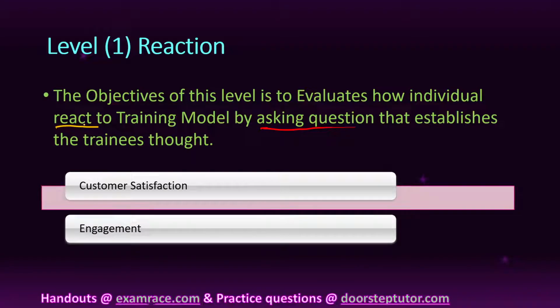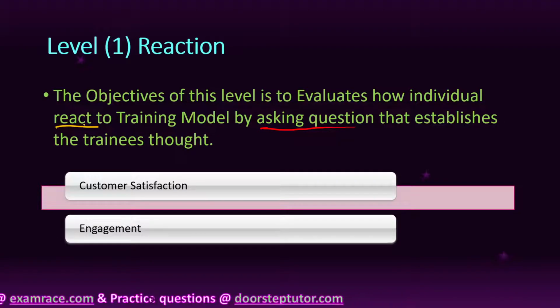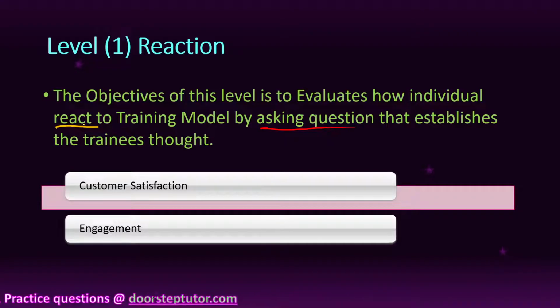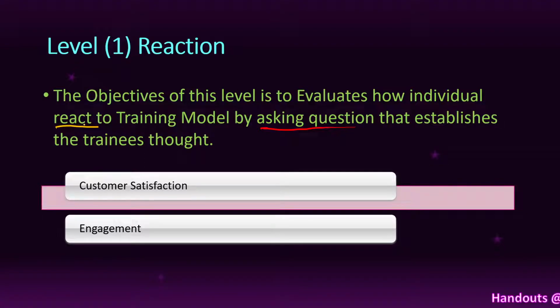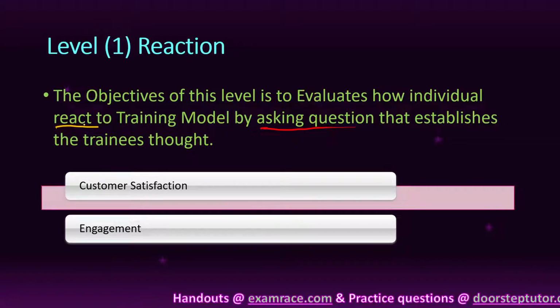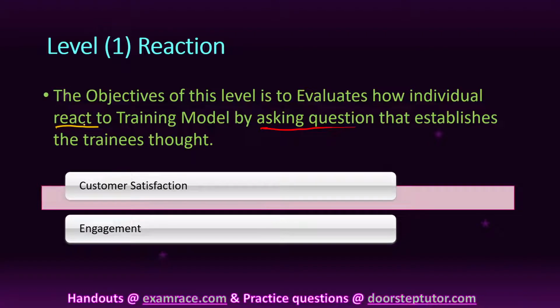Next thing is engagement. Here, after satisfaction, we see how people are engaged, meaning how much the students, teachers, and all individuals are engaged in that particular program. We see the reaction of their engagement also.